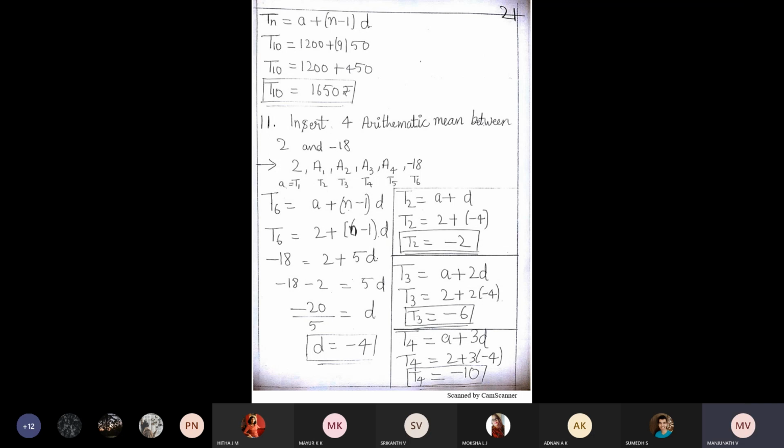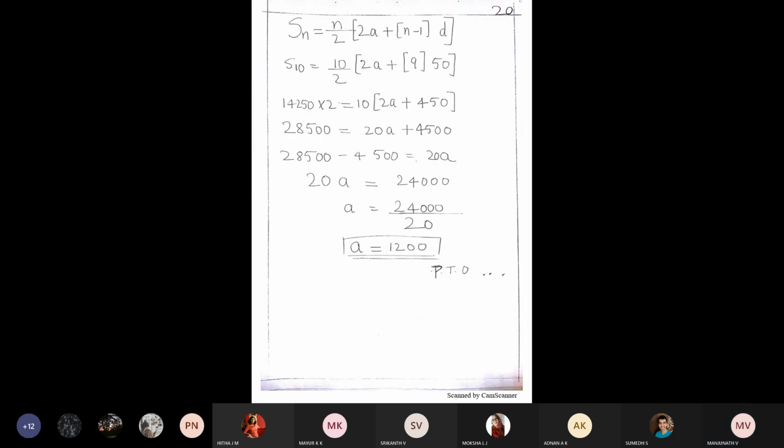Yeah, sir, I got it. And better than my solution, you can copy the Srikanth solution. I just made it. Okay, 1 second.